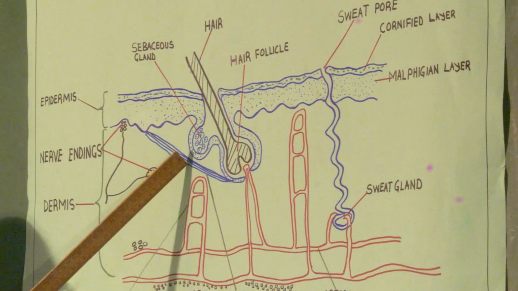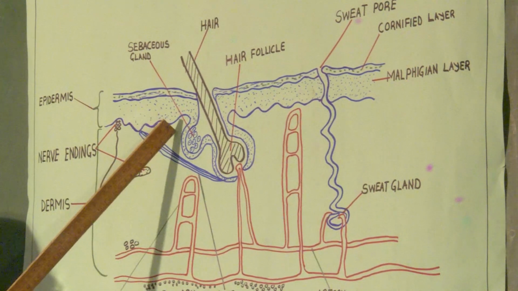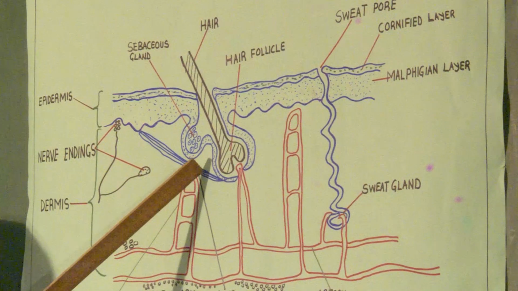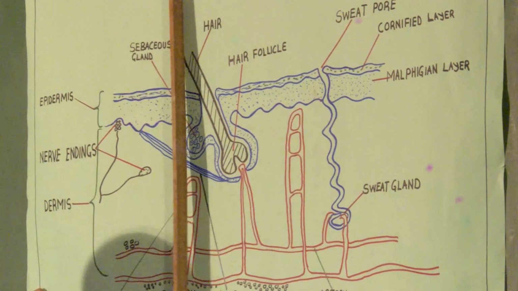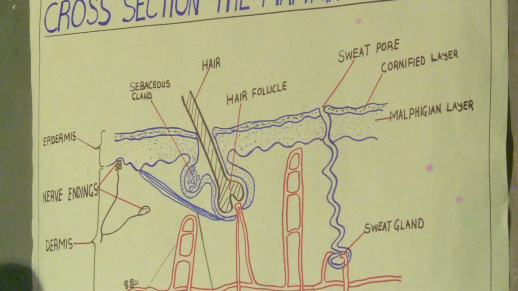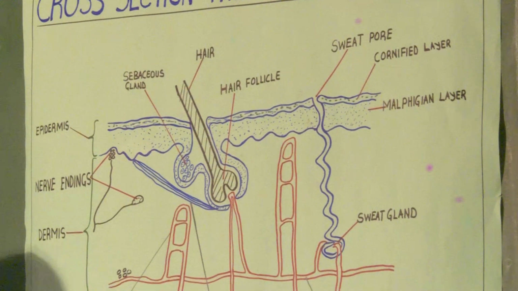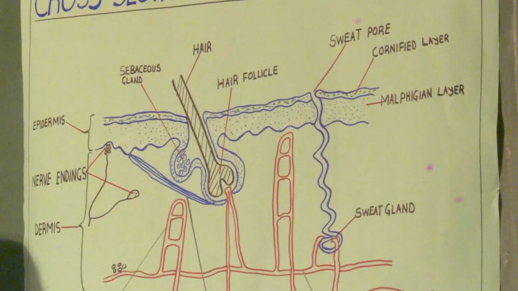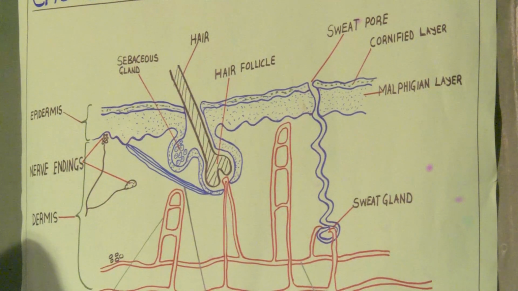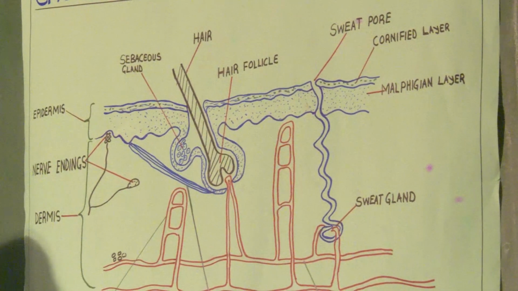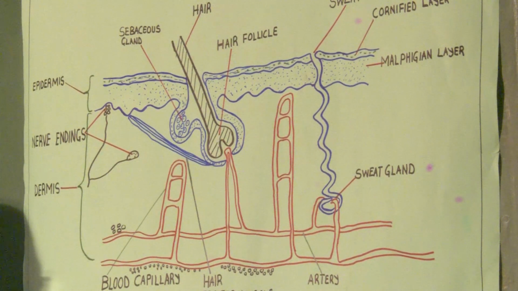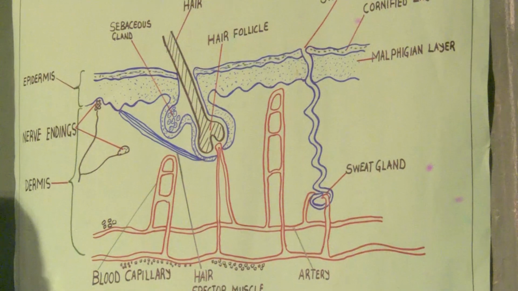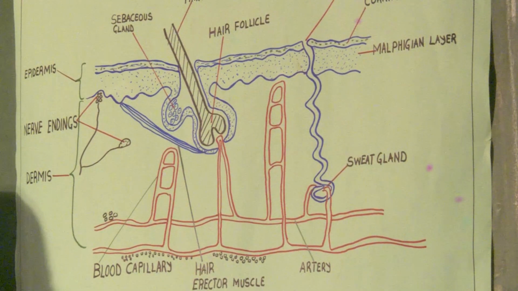Now this erector muscle is also going to be involved. When it contracts, the hair is going to stand, thereby trapping some air or gas. As you know, air is a bad conductor of energy, therefore the heat is not going to move.